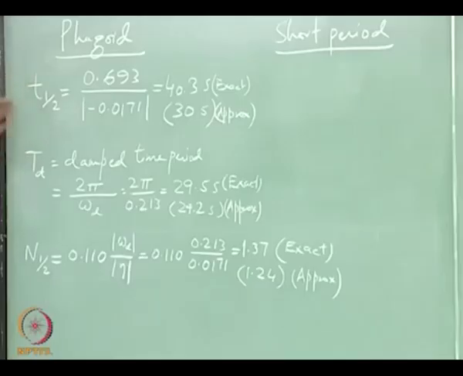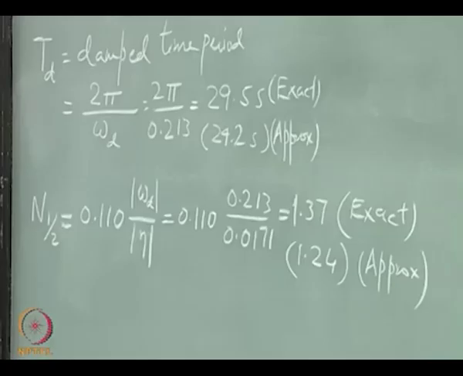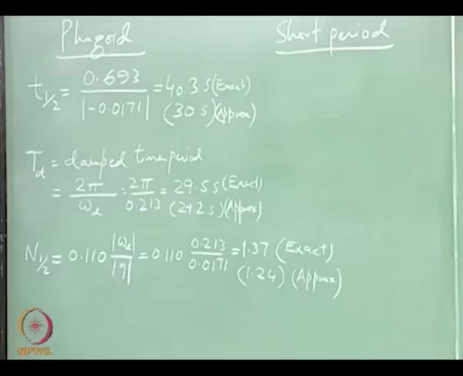So, you see quite a bit of difference between the exact value and the approximate value. What does it tell you? It tells you that the approximation is not so good, isn't it? We made some assumptions while arriving at the approximate formula for the phugoid mode frequency and damping, from where we are getting all these numbers.